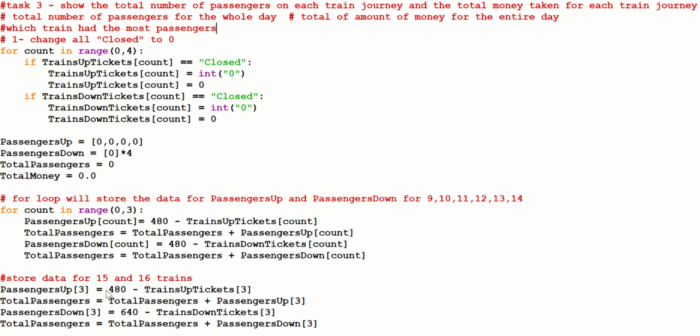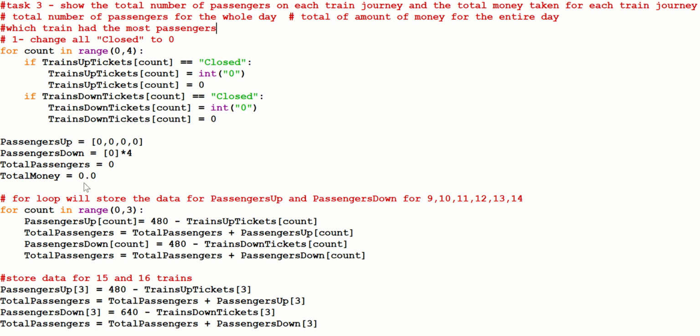passengers up 3 equals 480 minus trains up tickets 3. So the tickets that have been sold equals the amount of passengers up, and total passengers equals total passengers plus passengers up 3, and passengers down 3 equals 640 minus trains down tickets.